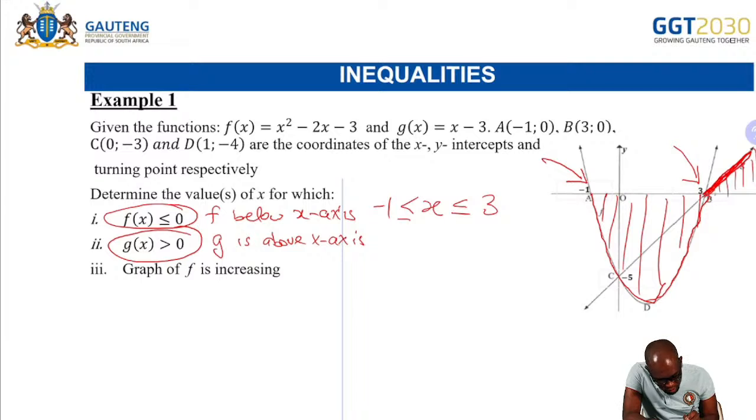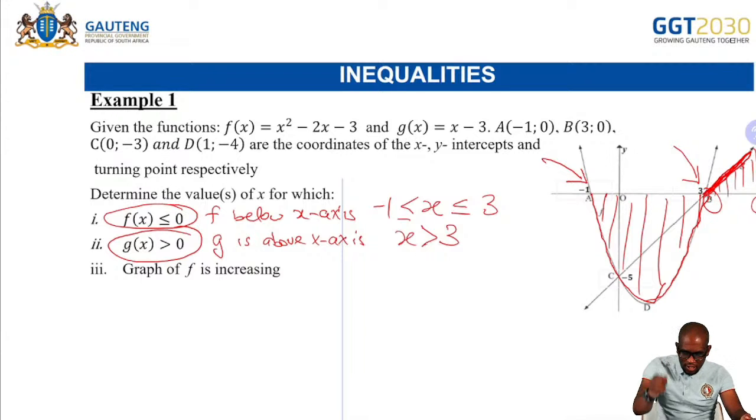If you check, the values of x will start from 3 to infinity there. So we would say that all the values of x that are greater than 3 would actually give you a region that is above the x-axis.